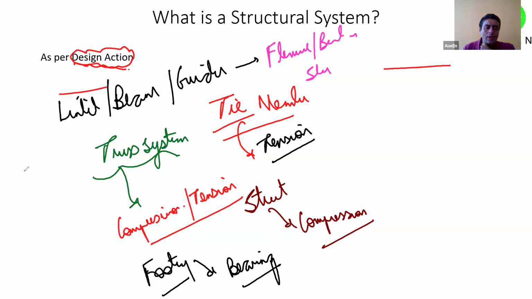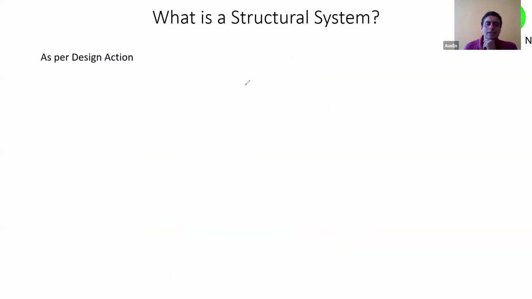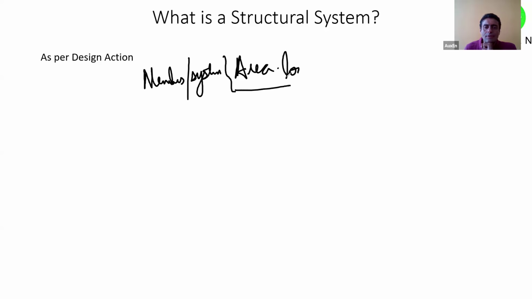Now, when we are picking members for a structural system, there will be some members or systems which will take the area load, or let's say we can call them 2D elements.